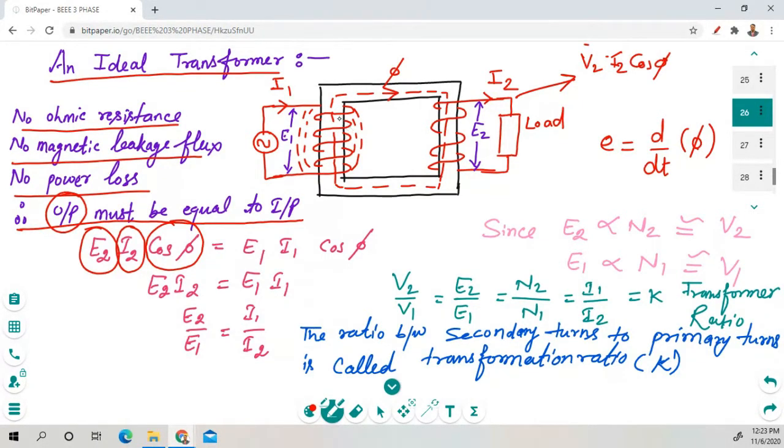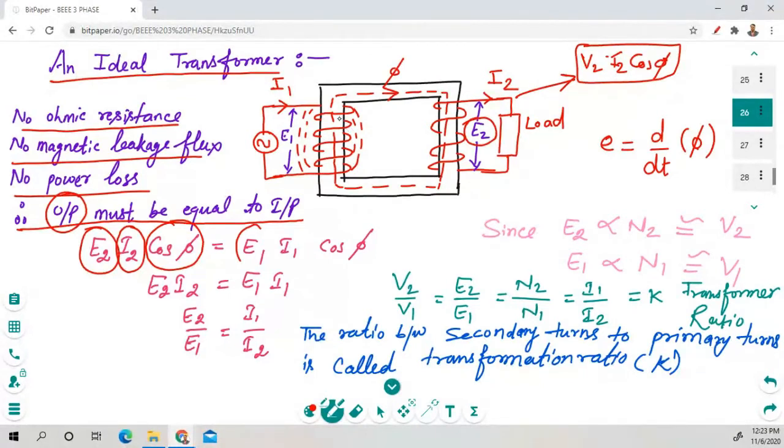In this derivation, we have assumed that E2 is the EMF across the secondary side, I2 is the current across the secondary side, and cos of phi is the angle across this load.